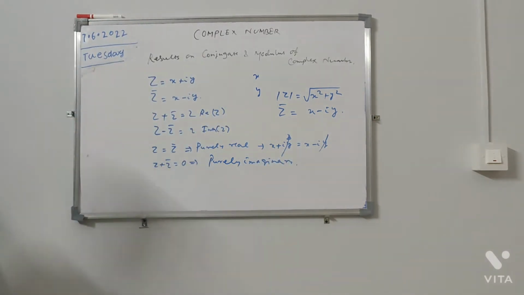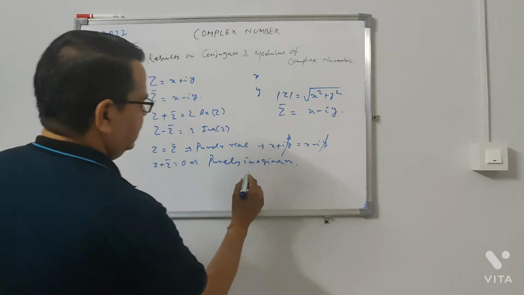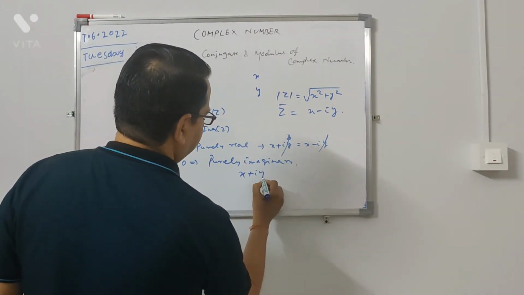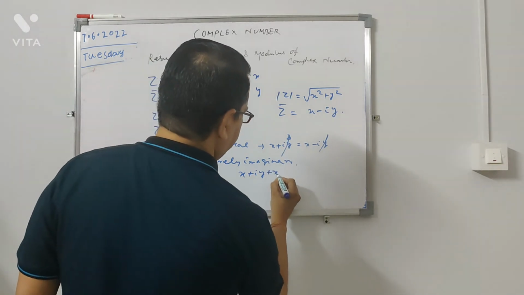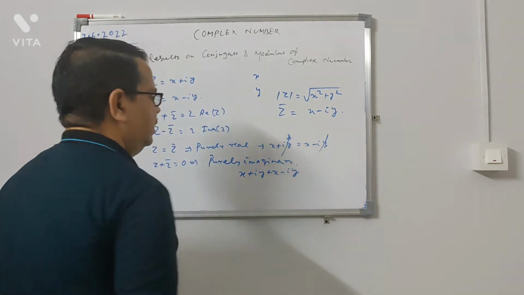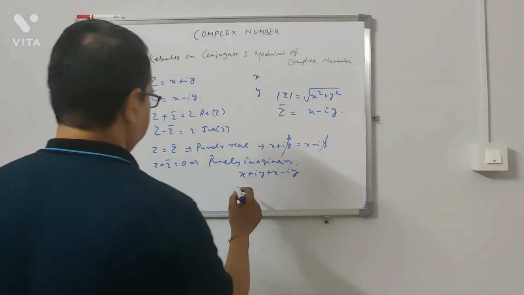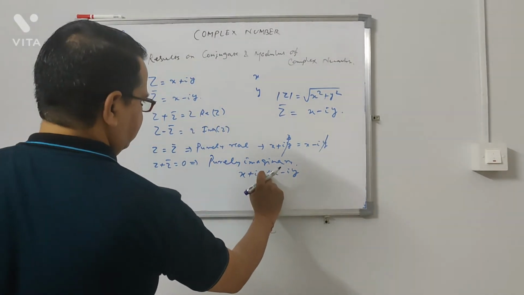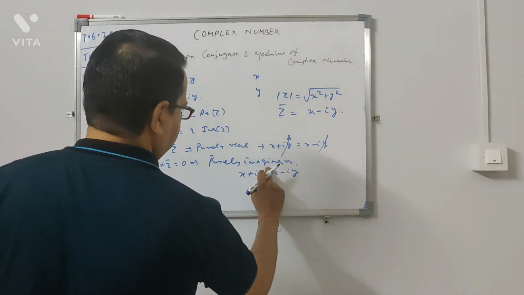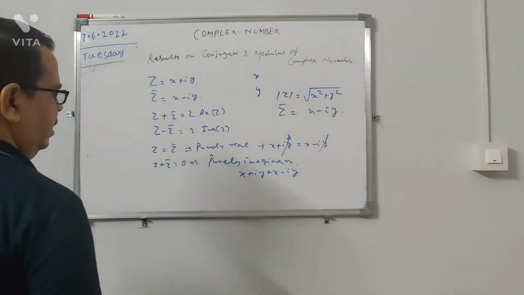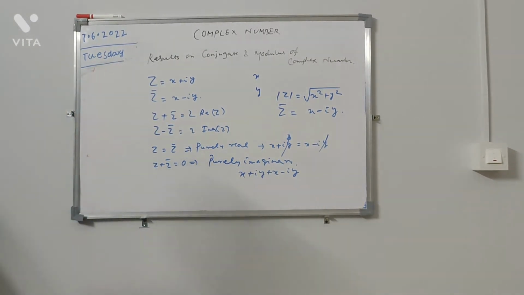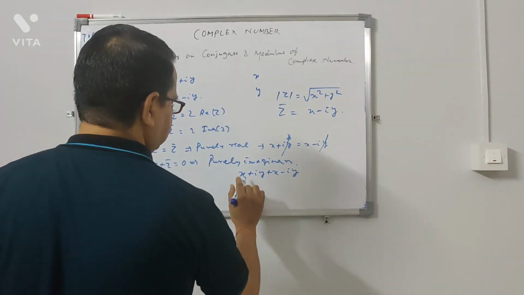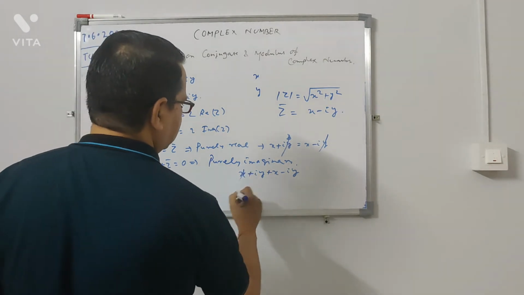So that is another interpretation, because x plus iy plus x minus iy. So that means the x part has to be 0.